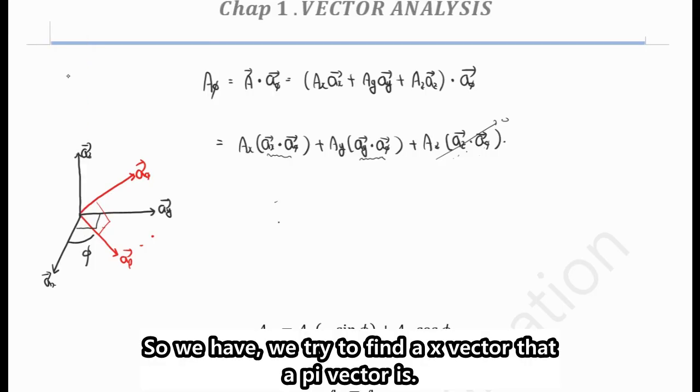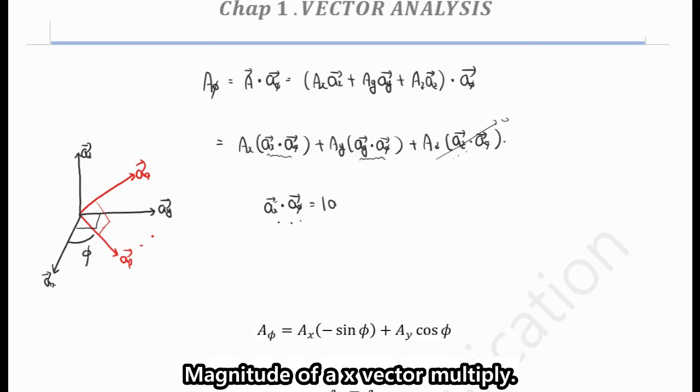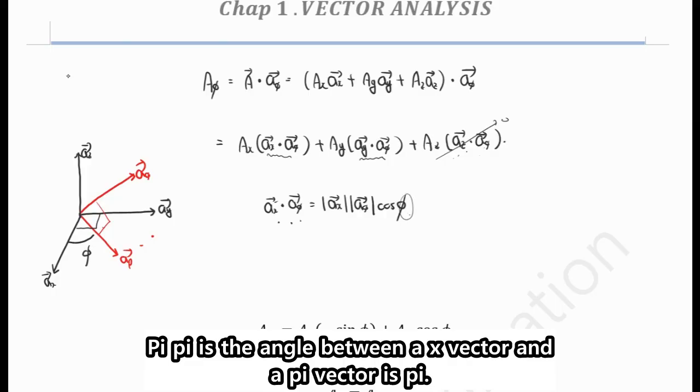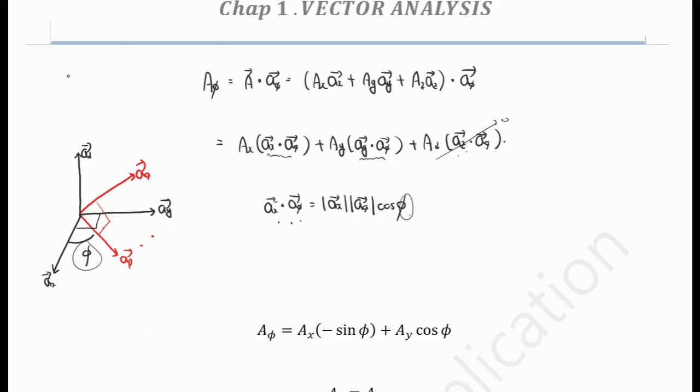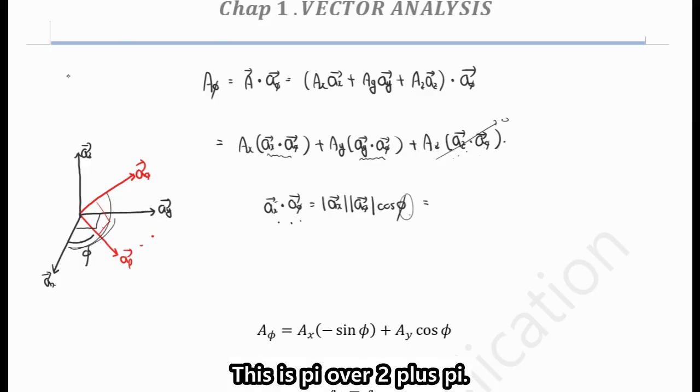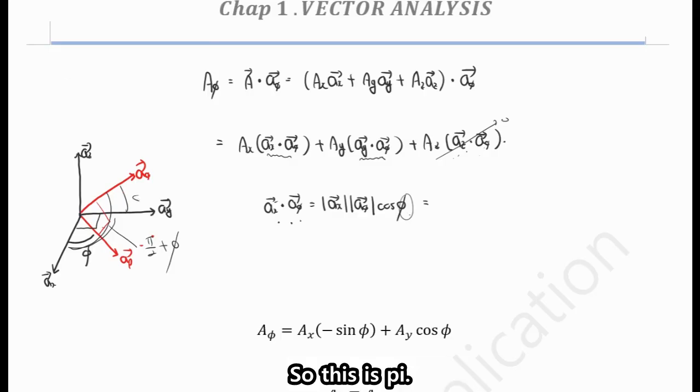So we find that a_x vector dot a_phi vector is the magnitude of a_x vector multiplied by the magnitude of a_phi vector times cosine of the angle between them. The angle between the a_x vector and a_phi vector is pi over 2 plus phi.